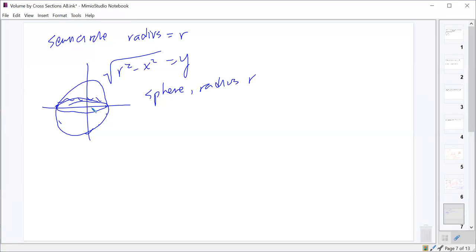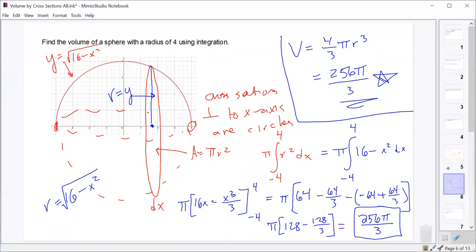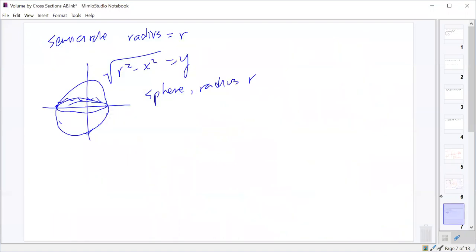Yep. And so if we were to set this up in exactly the same way as we just set up the last one, we just replace the 16 with r squared, right? And what would we replace the -4 and the 4 with? Negative r and r. So we'd have pi times the integral from -r to r of r squared minus x squared dx. And keeping in mind here that r is just some number, right?